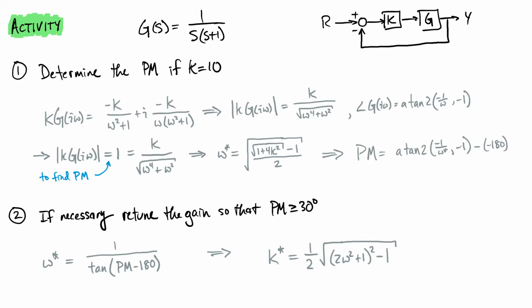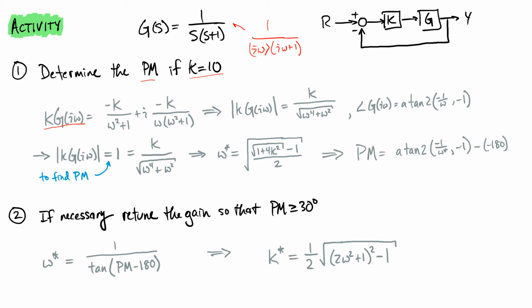Okay, so from an analytic point of view, if we want to compute the phase margin from a given gain, then we're going to evaluate K times G at i omega. So that means that we're going to go ahead and plug in i omega into here. So this will be K over i omega multiplied by i omega plus 1.